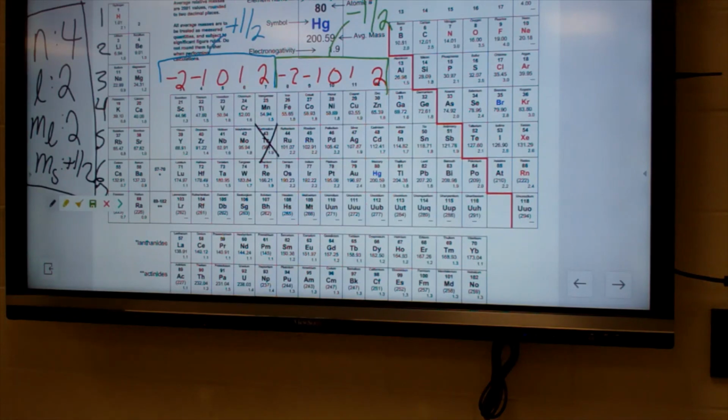Questions? So what does this do? It tells you the location of the electrons. What is it used for in the future?